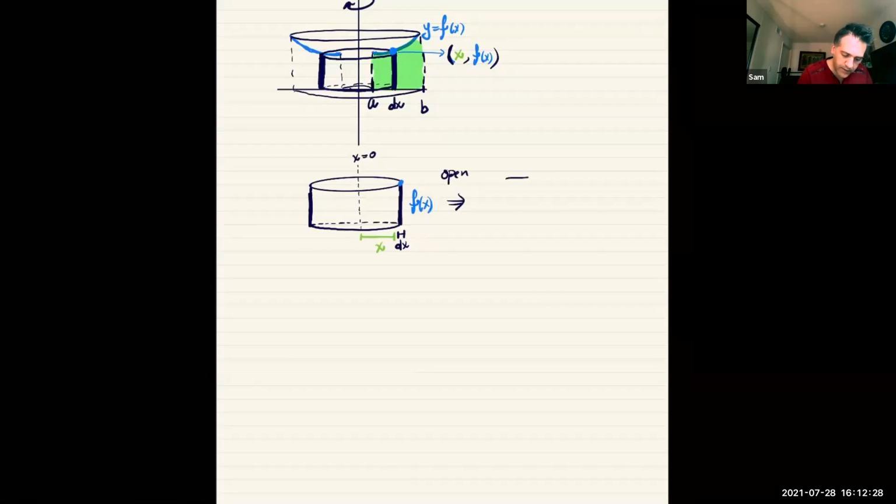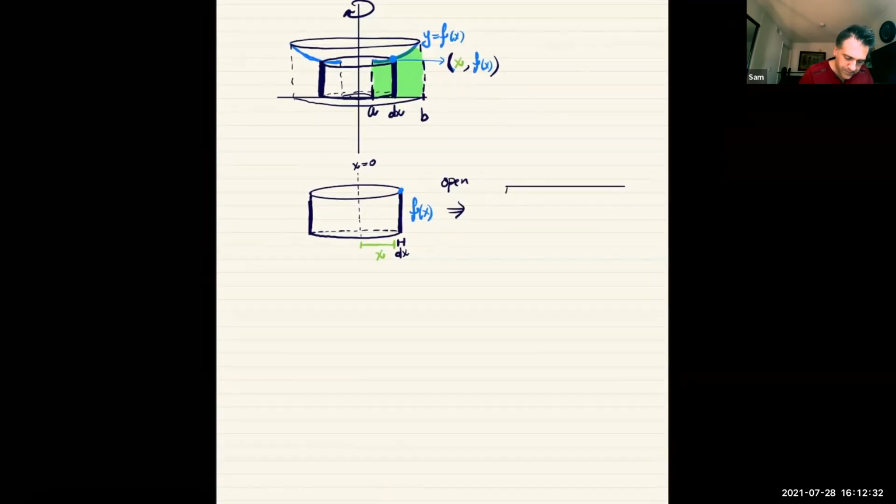We get this. I'm drawing it like that because of the thickness. Very tiny thickness.